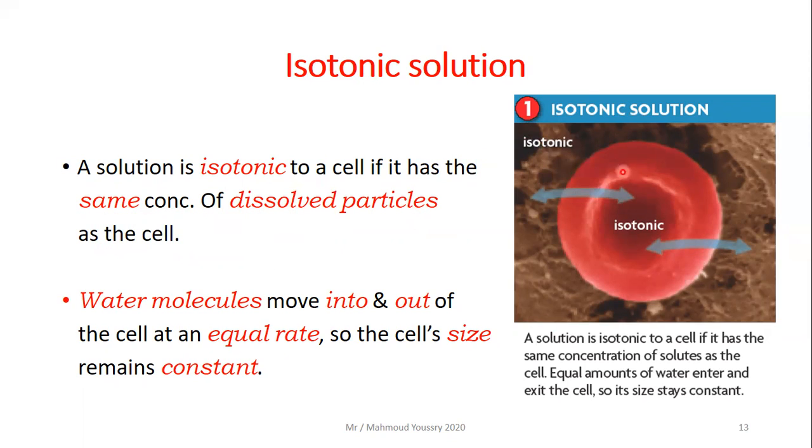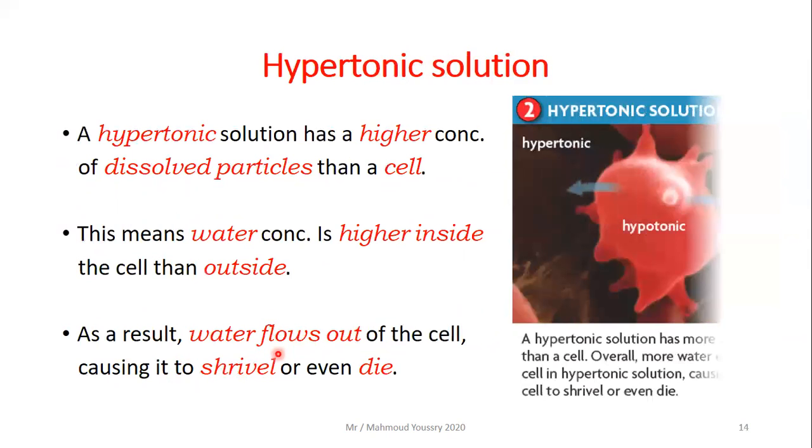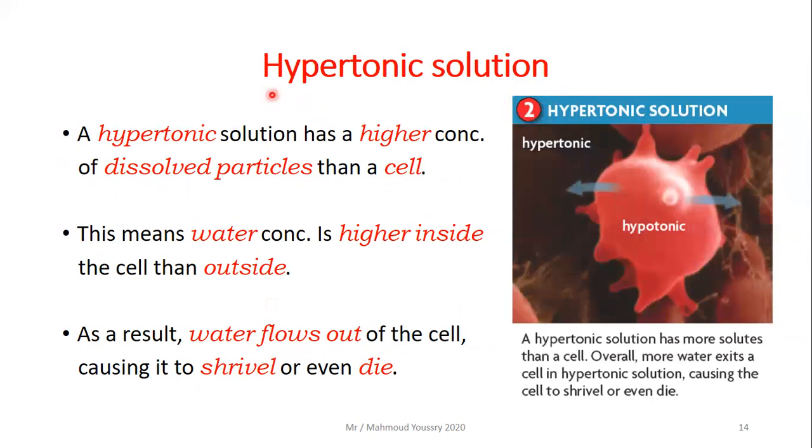They have equal concentrations of dissolved particles. So what will happen to the cell in this case? The water molecules move into and out of the cell at an equal rate, so the cell size will remain constant.